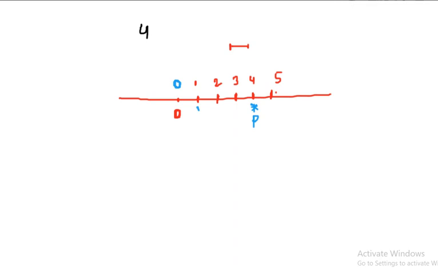Now if a question is like, represent the number 3.567, how will you represent this number? Again, first of all you have to draw a number line, and then take a reference point wherever you want.